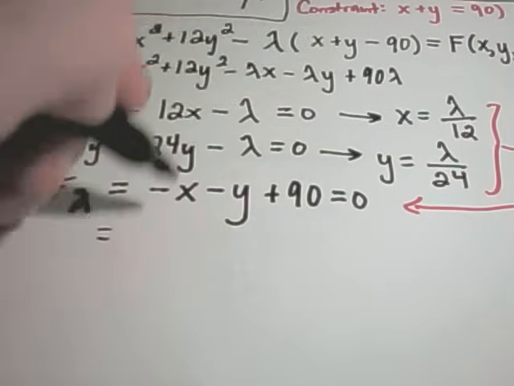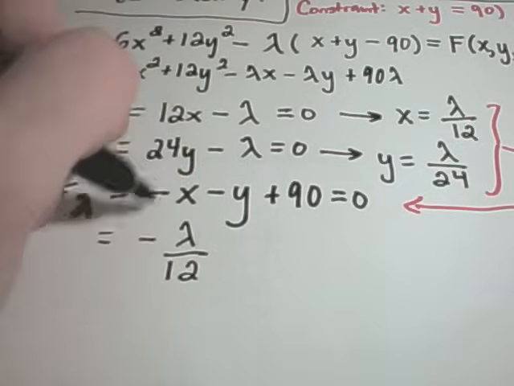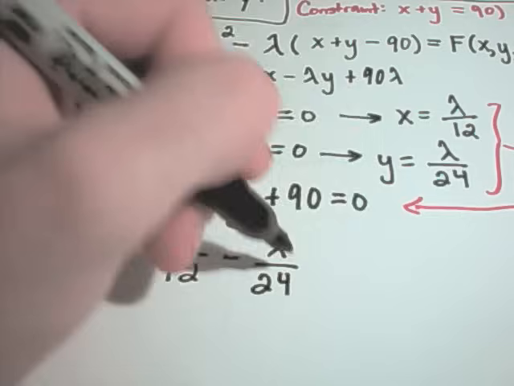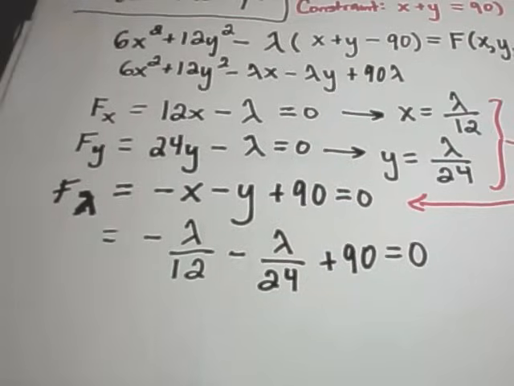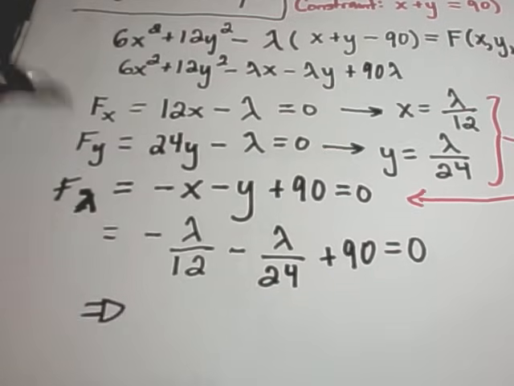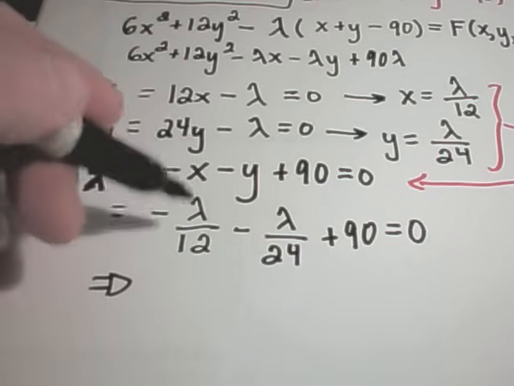So if I plug in x and y, it's negative lambda over 12 minus lambda over 24 plus 90 equals 0. On the left side, you could simply get common denominators, multiplying top and bottom of the first one by 2.